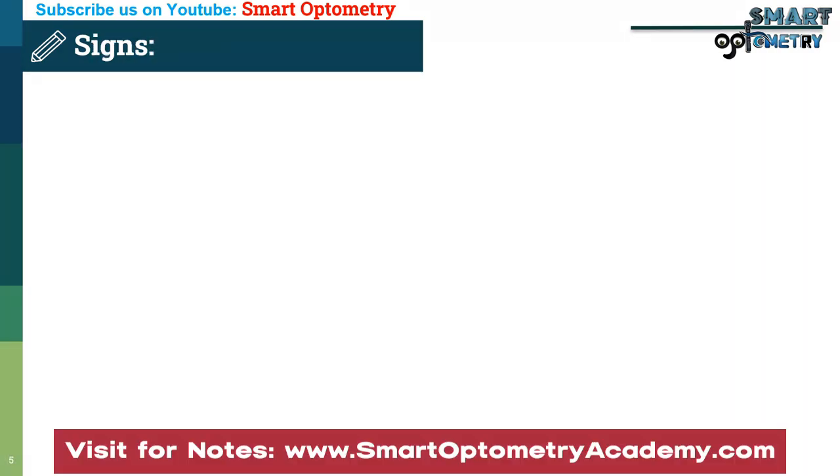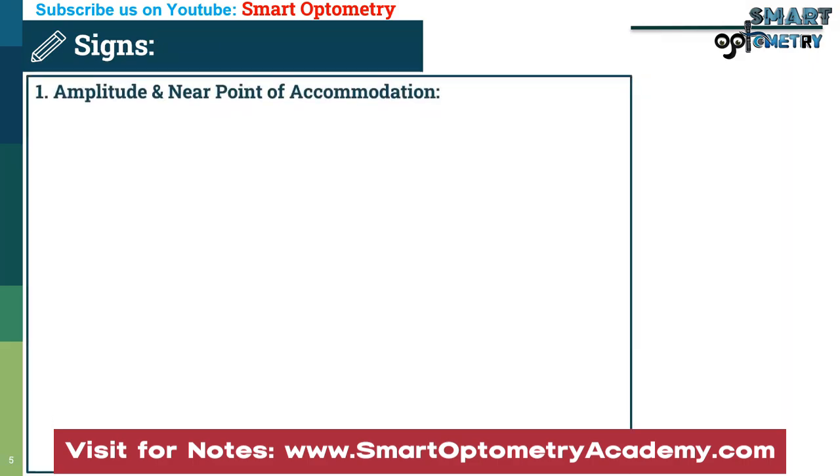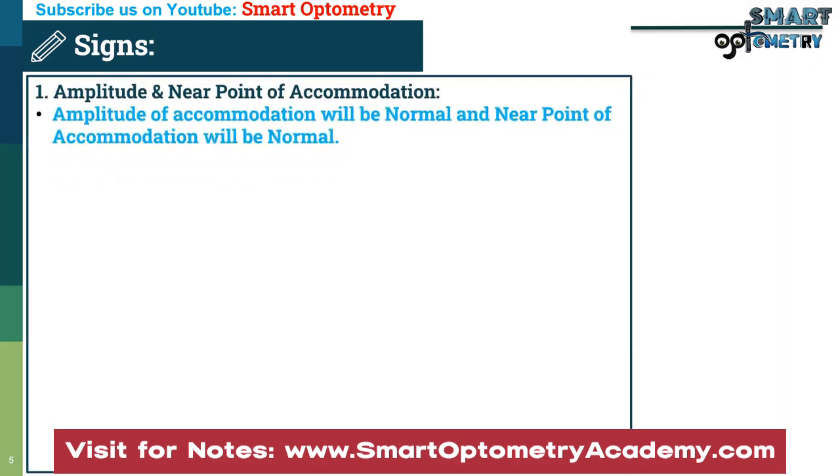Signs of accommodative infacility. 1. Amplitude and near point of accommodation. The amplitude of accommodation will be normal and the near point of accommodation will also be normal. 2. Monocular accommodative facility.